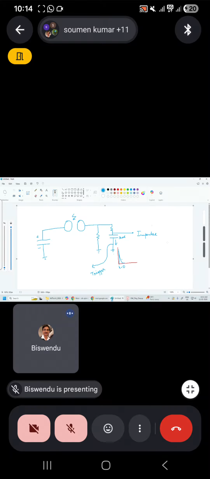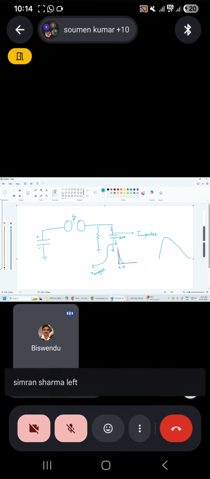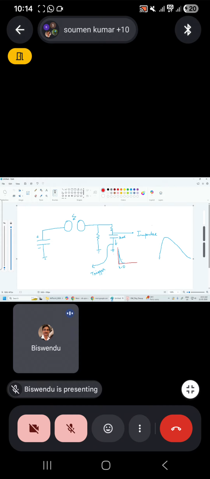If you see what happens, this is the impulse voltage, and the current is just the opposite. The current through the capacitor is just the opposite.